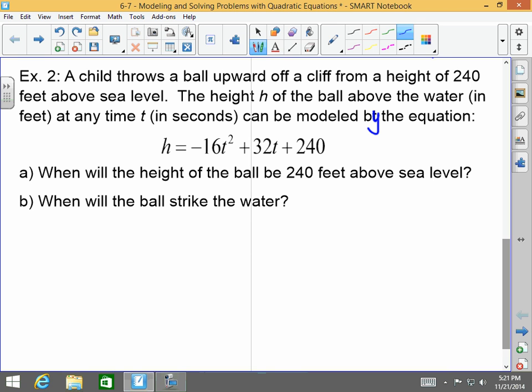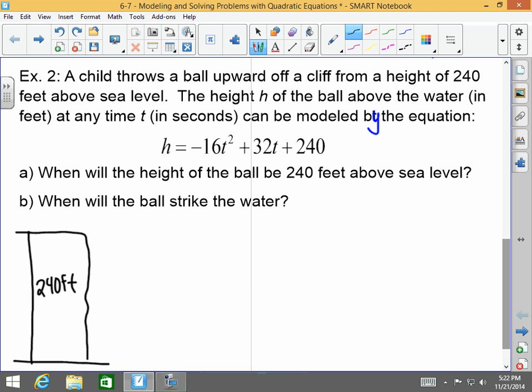Let's go ahead and take a look at what we're dealing with here. We have this cliff, and the height of this cliff is 240 feet. And you have this kid, horrible stick figure.